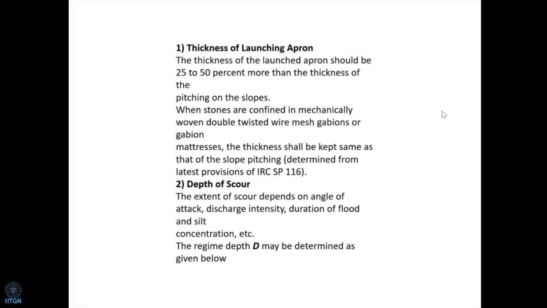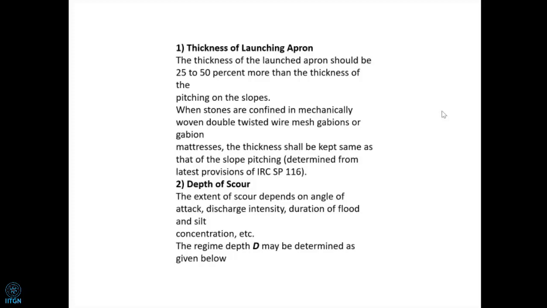How is it? The thickness of the launching apron. The thumb rule is generally that it should be 25 to 50% more than the thickness of what we have used in the slope. Okay, and it has to be in the wedge form. And for special cases, you have to refer to IRC SP 116.